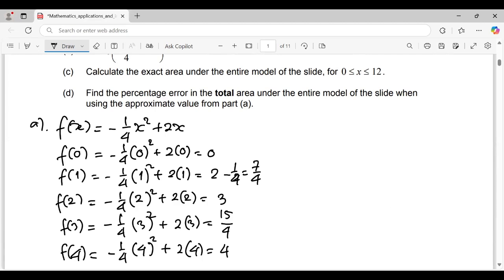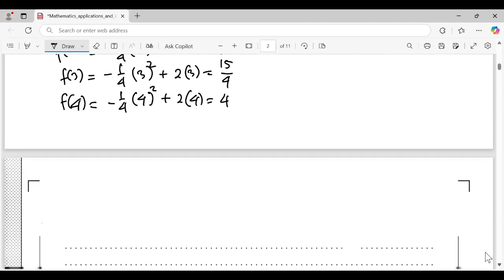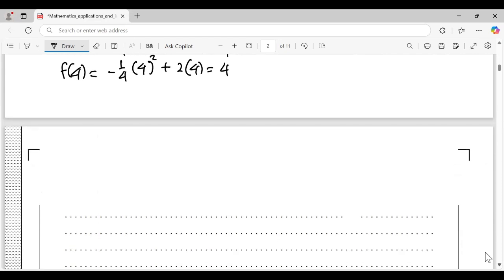Okay, I'm going to continue downwards. According to the trapezoidal rule formula, the area equals h/2 multiplied by f(x0) plus 2 multiplied by the sum from k equals 1 to n minus 1. N is 4, it means 3.